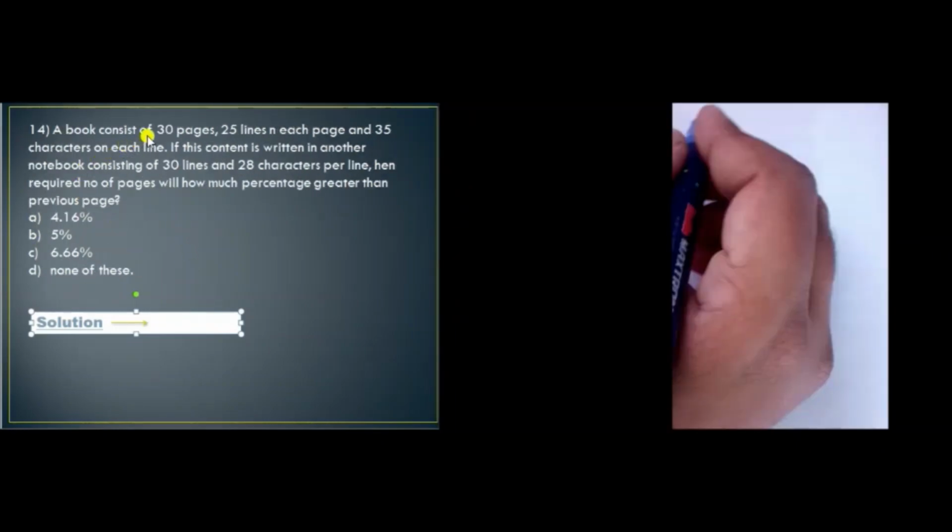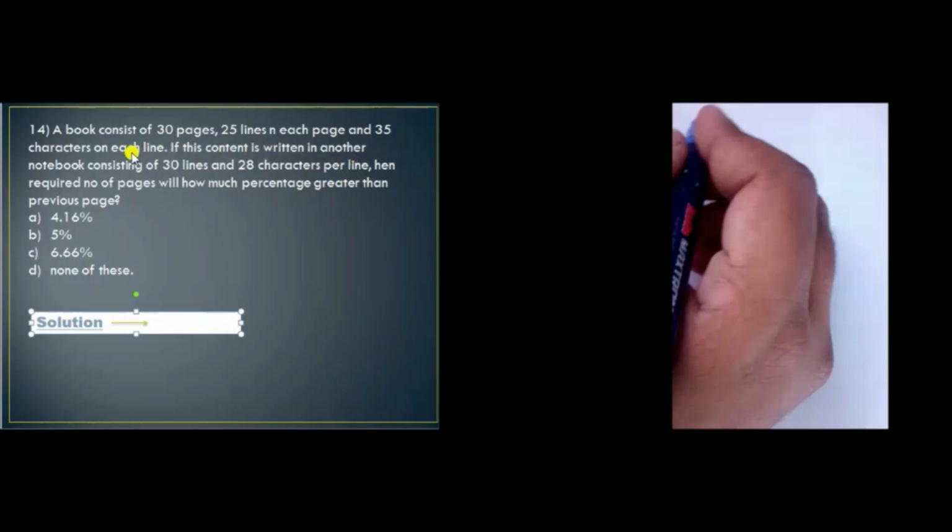The next question is, a book consists of 30 pages, 25 lines, and each line has 35 characters. If we want to calculate the total number of characters, simply multiply 30 into 25 into 35. If this content is written in another notebook consisting of 30 lines and 28 characters per line, then the required number of pages will be how much percent greater than the previous pages?